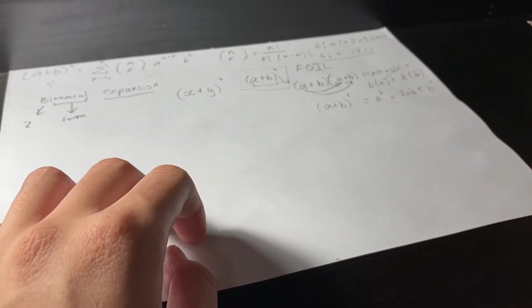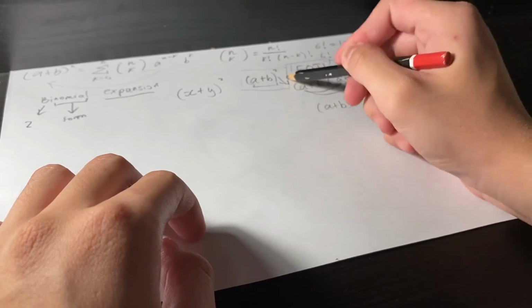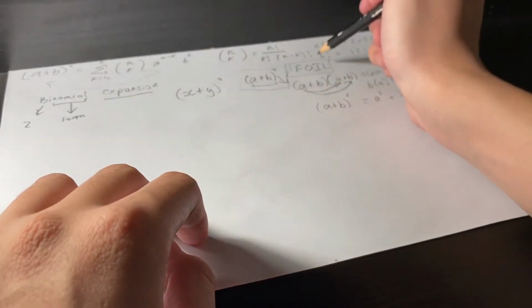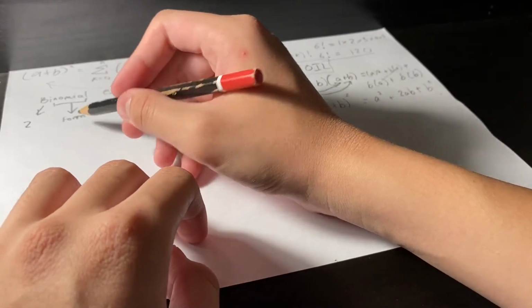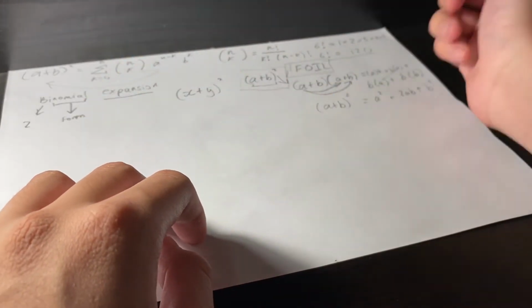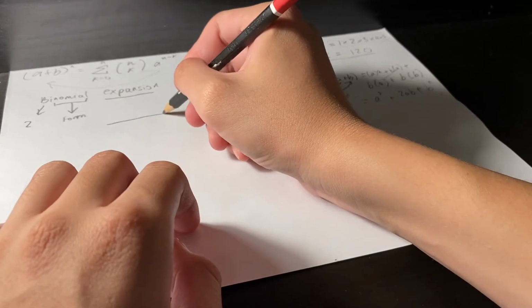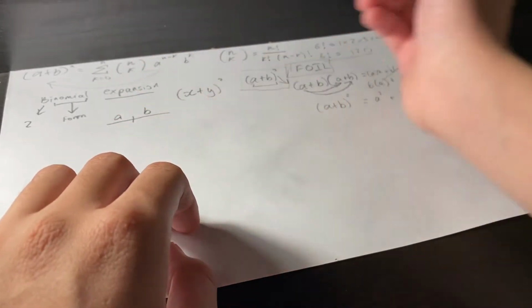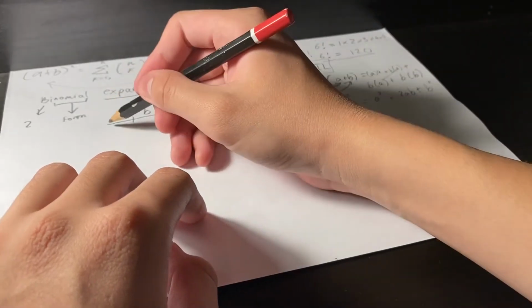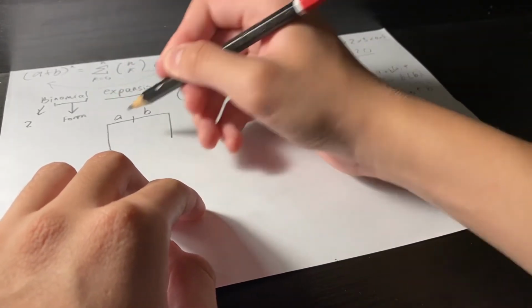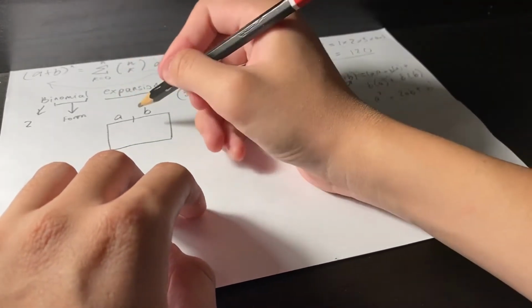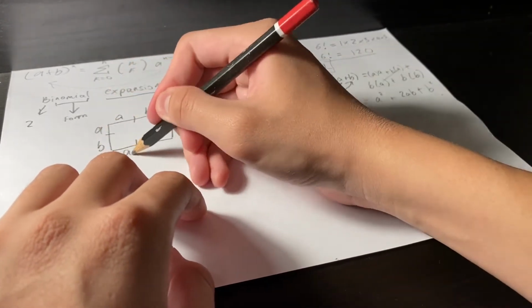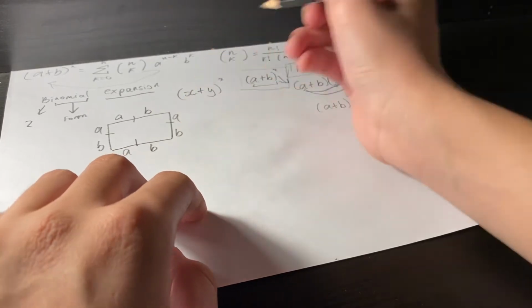But why? Why does FOIL work? Well, to first answer that question, we need to represent a plus b geometrically. So let's say that's a line of a plus line b. To square that line, we need to have a square. So now we have a, b along each side.